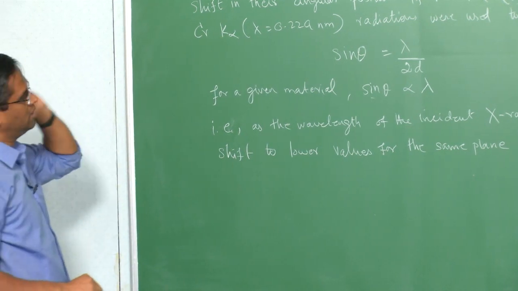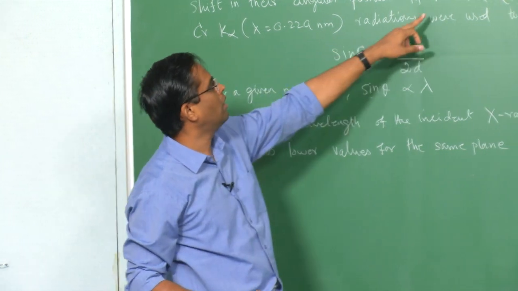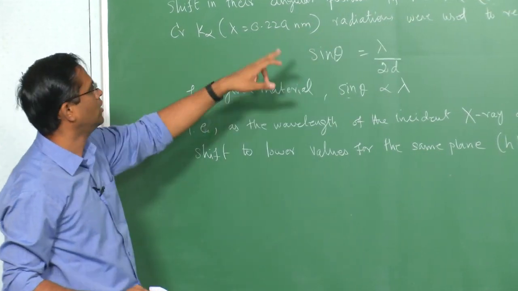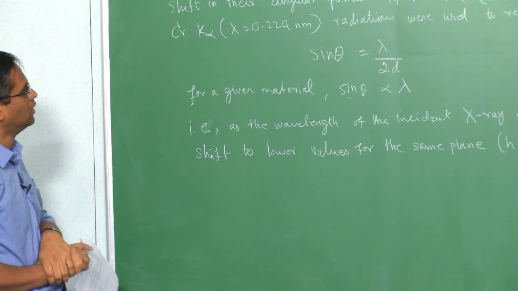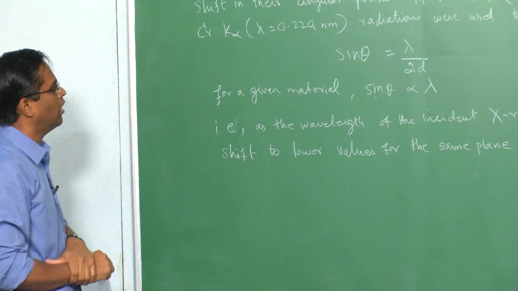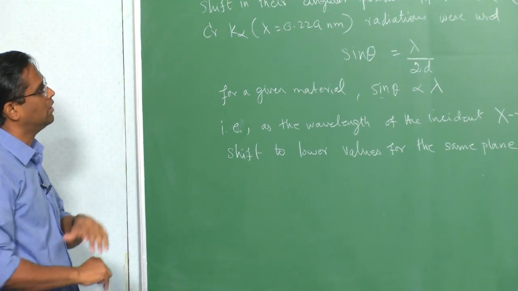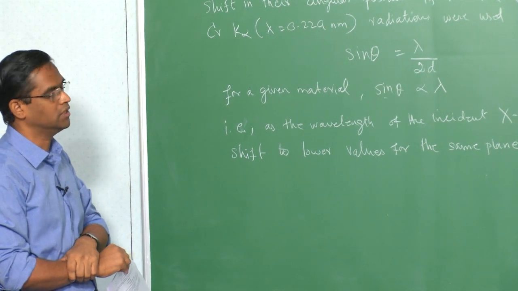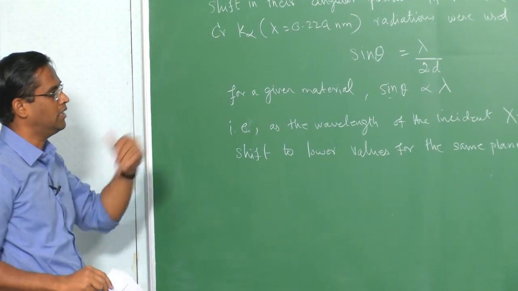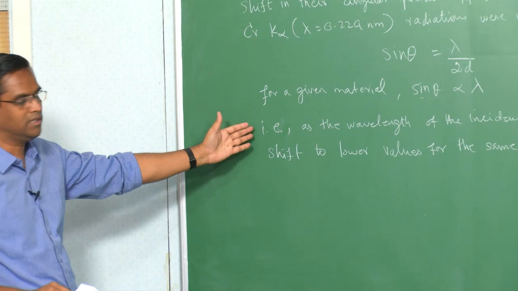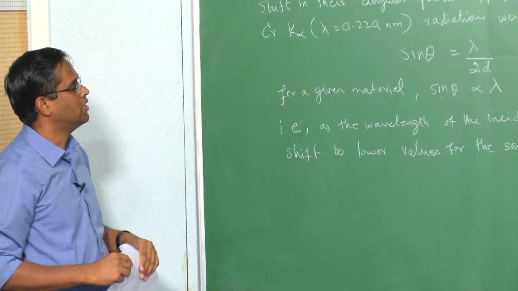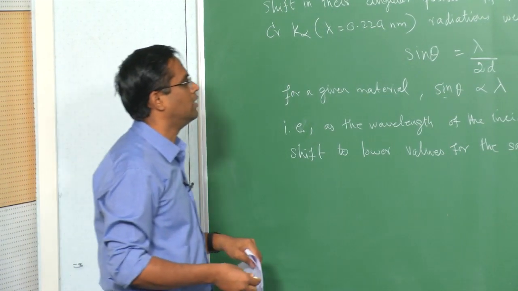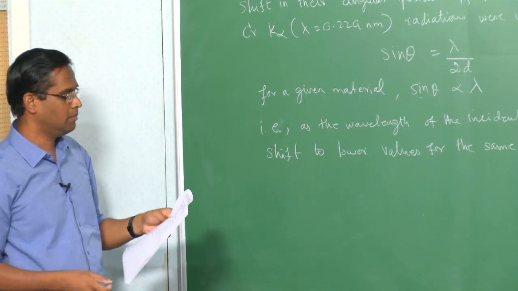As you move from molybdenum to chromium, the wavelength increases. Accordingly, you have to show the diffraction peak positions schematically. You try that. Of course, I have written the answer here. You should appreciate it by plotting them in the same graph.